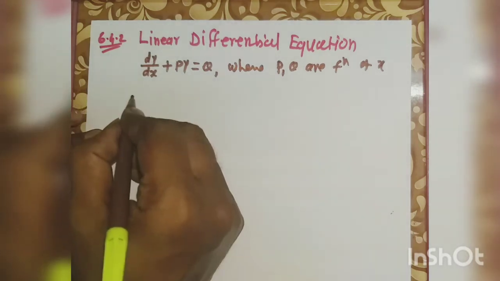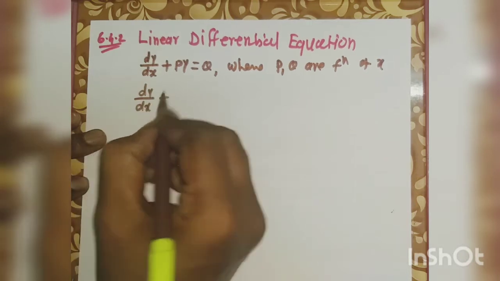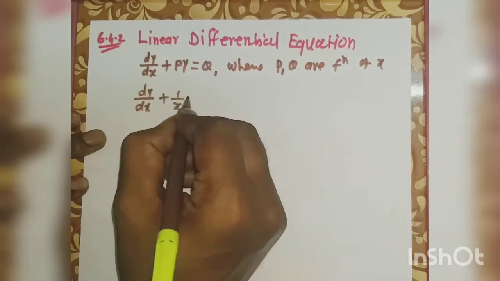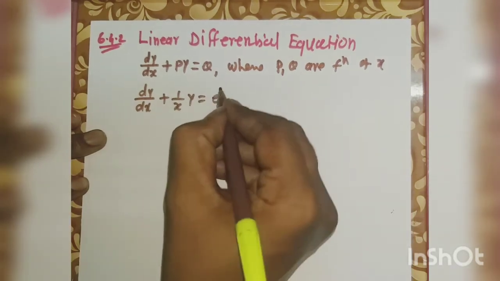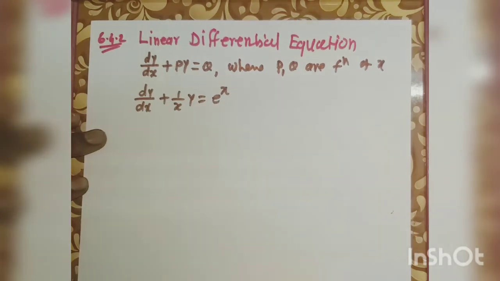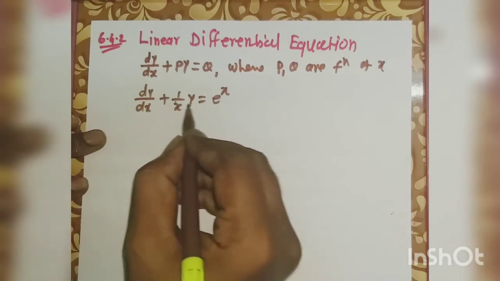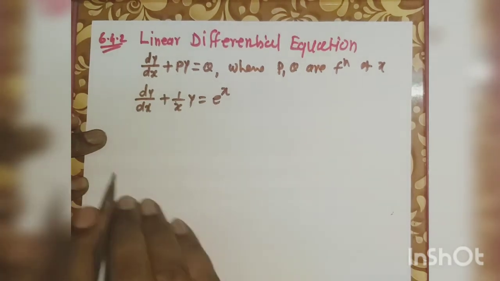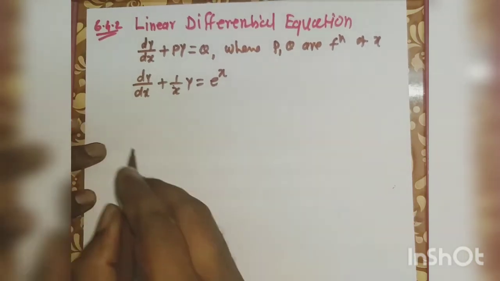For example, dy by dx plus p, which is a function of x, suppose we take p is equal to 1 by x, into y is equal to q, also a function of x. We take e raised to x. That means dy by dx plus a function of x into y is equal to a function of x. Such a type of equation is called a linear differential equation.